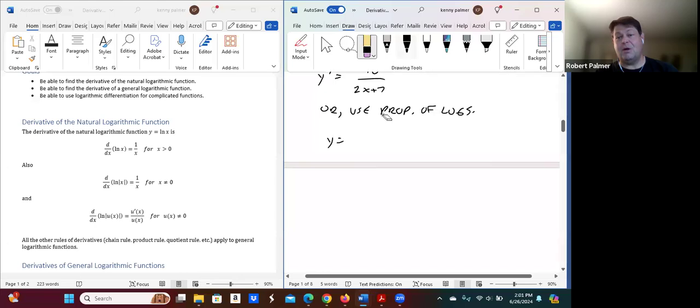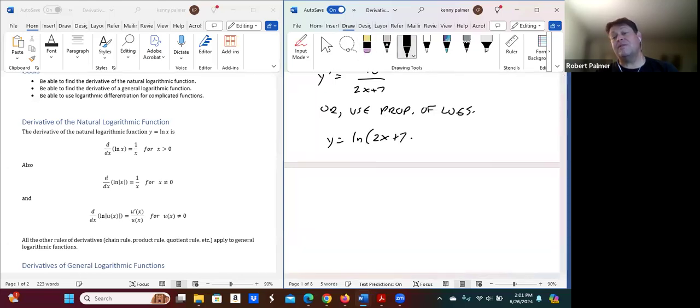One of the properties of logarithms says if I have an exponent here, I can take that exponent and bring it down front. So that means that y is equal to 5 times the natural log of 2x plus 7.